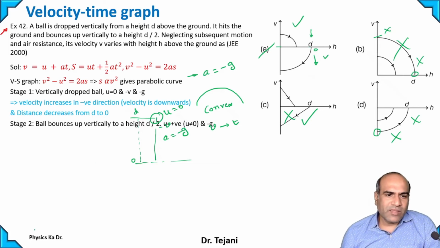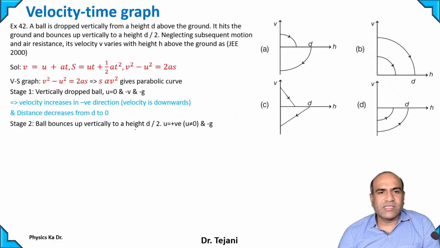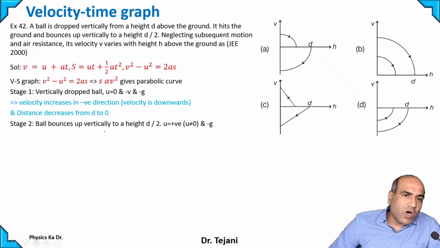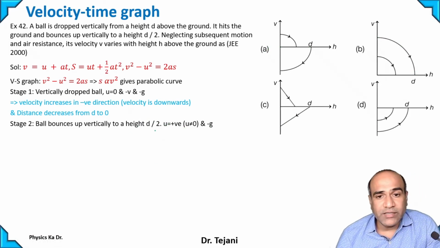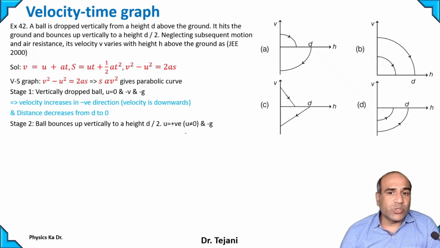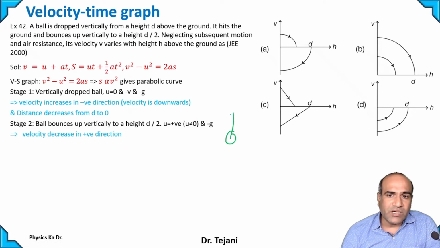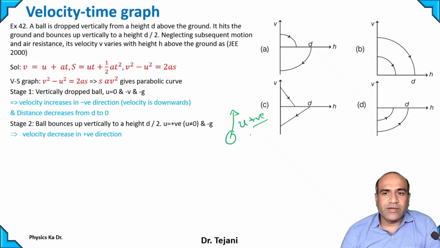Similarly, stage number two, the ball bounces up vertically to height d by 2. U is a positive velocity, U is not equal to 0. G is negative. So the direction is positive when the ball bounces up. U is positive and G is negative, so velocity decreases from the maximum.